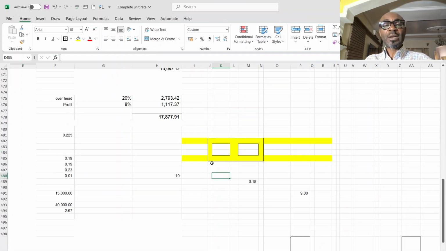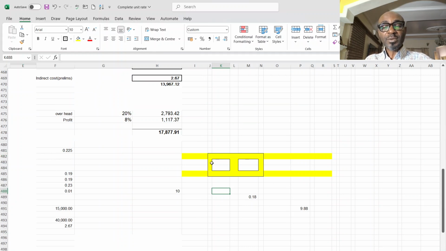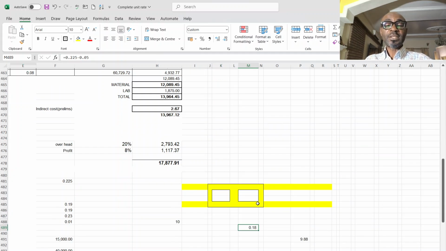Then I took another smaller joint here, which is the width of the thickness of this block. The width of this block is 225; 225 minus 50 gives you 0.18.